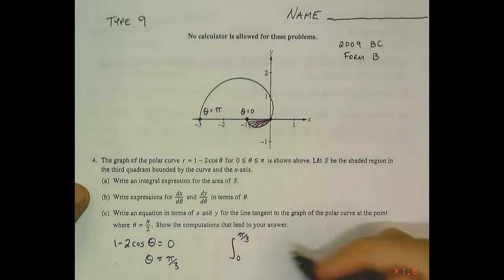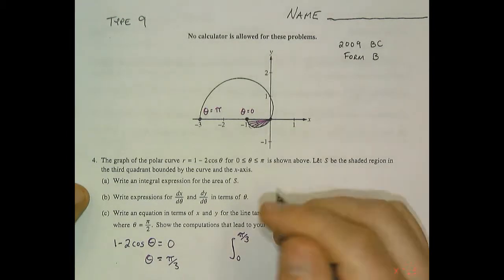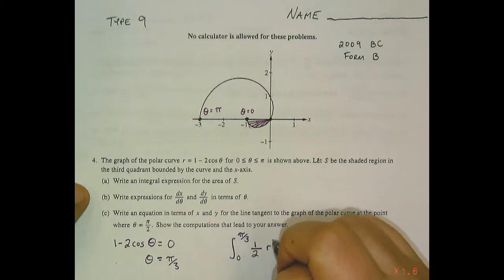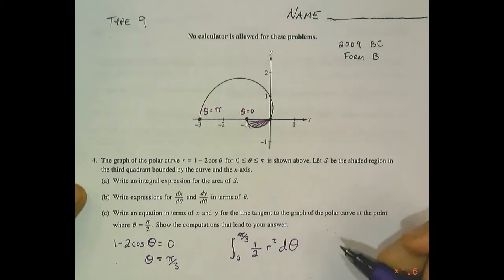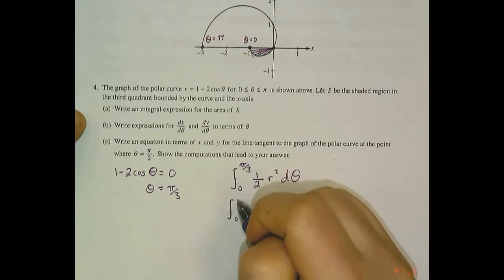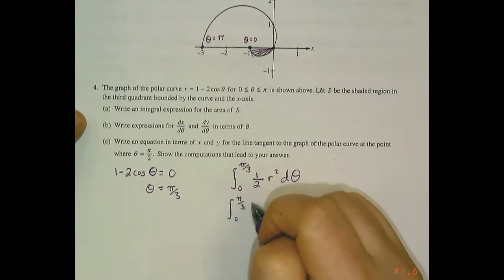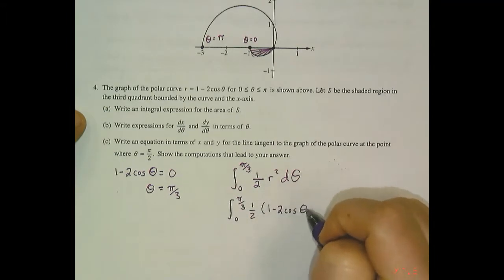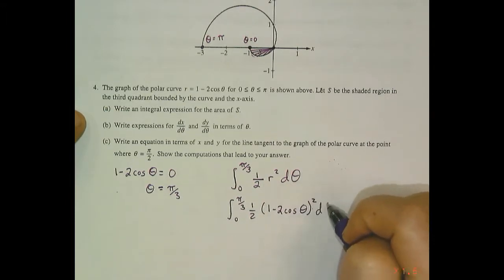The equation for area of a shaded region of polar curves is 1/2 r squared d theta. In our case, our radius is that function that we're given, so it's 1/2 times the quantity 1 minus 2 cosine of theta, squared, d theta.